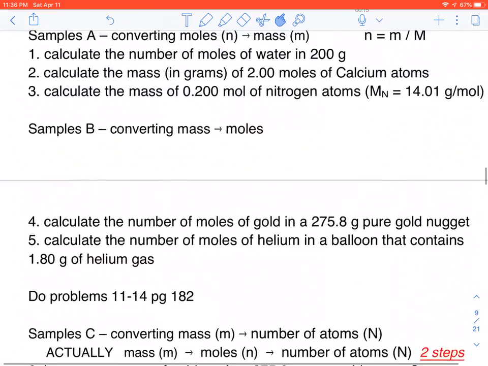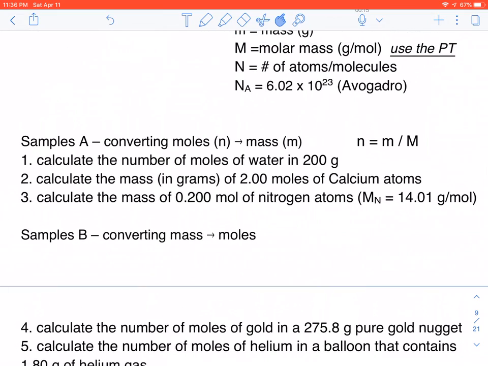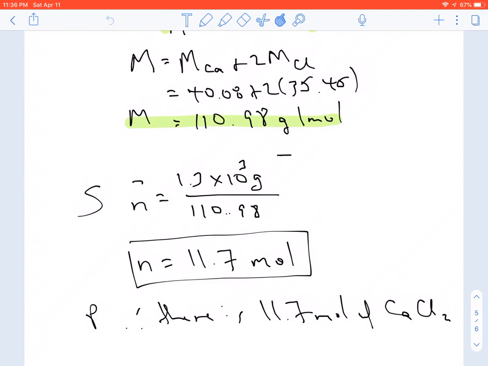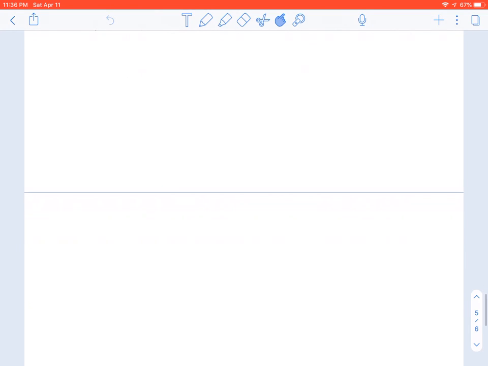I'm going to skip these for now. Okay, so let's go back to here. Let's start with a clean page, and let's look at the sample problem, which is sample number 6 on page 184.